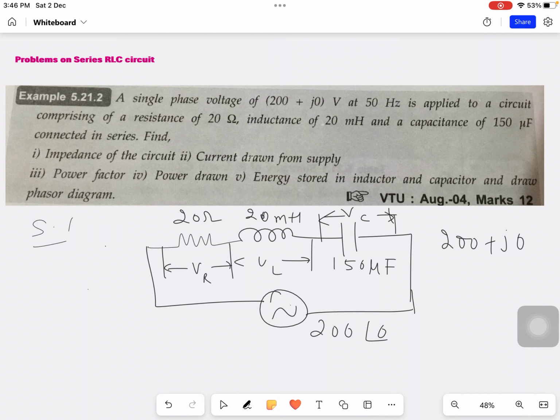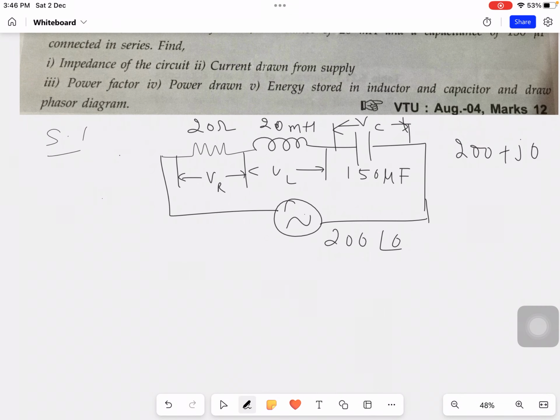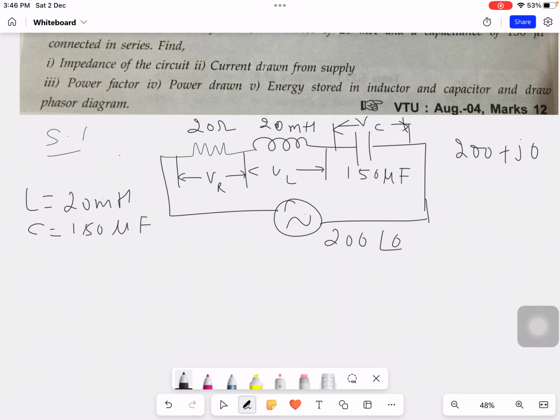It goes like this. What is the value of L given? L is 20 millihenry and capacitance C is 150 microfarad. As it is an RLC circuit, we have to find the impedance. So first, we are finding the XL and XC values. What is XL?